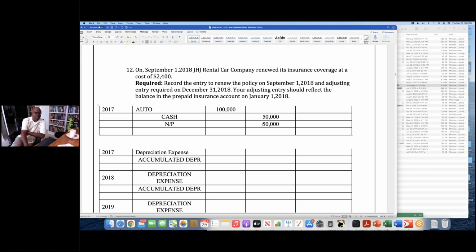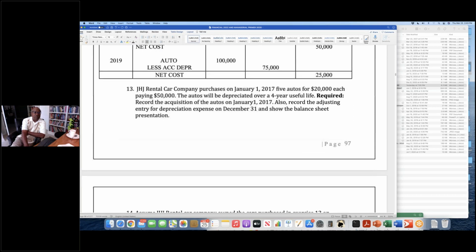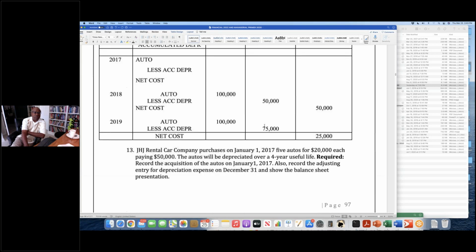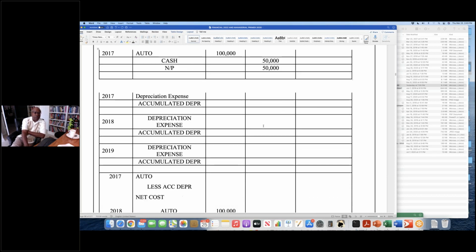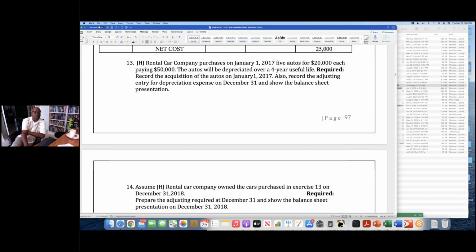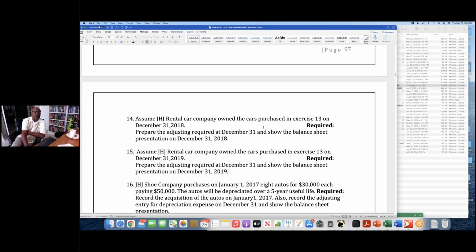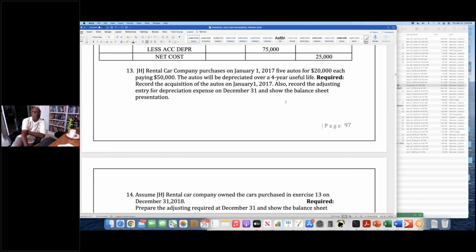So how much depreciation expense are we going to have in year 1? It costs $100,000.